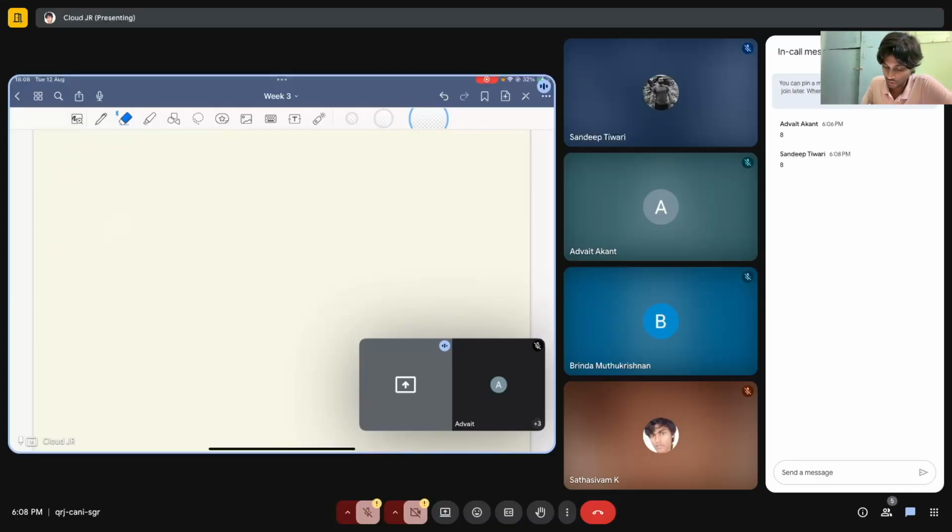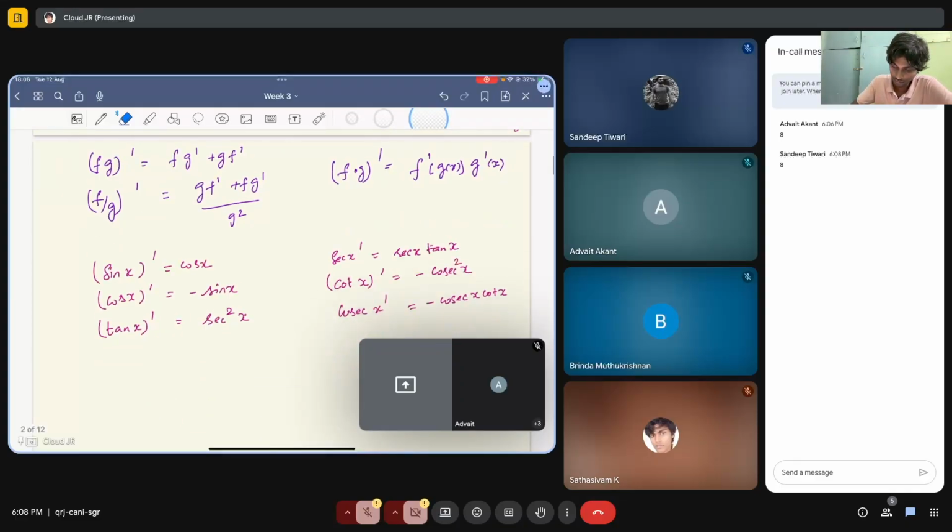When you are composing two functions, you use the chain rule. The chain rule says that you take the derivative of the first function and evaluate it at g of x, and multiply by the derivative of the second one evaluated at x. This gives you (f composed with g) prime at x equals f prime of g of x times g prime of x.